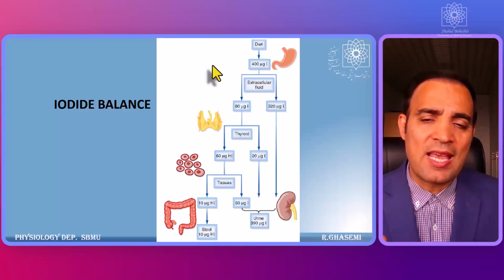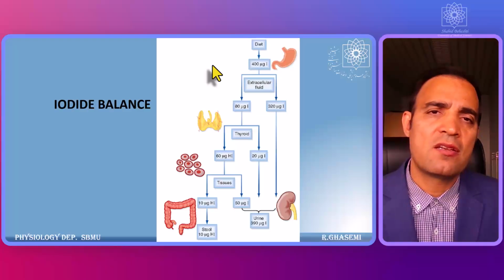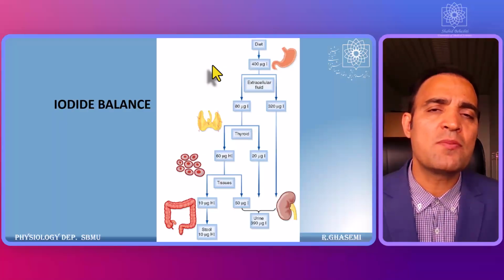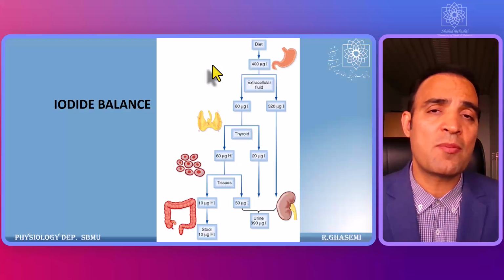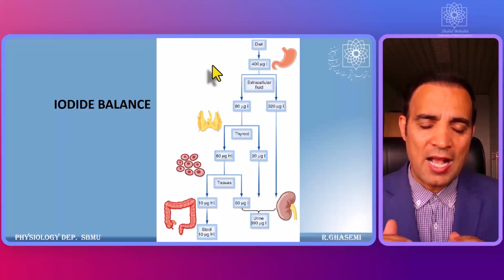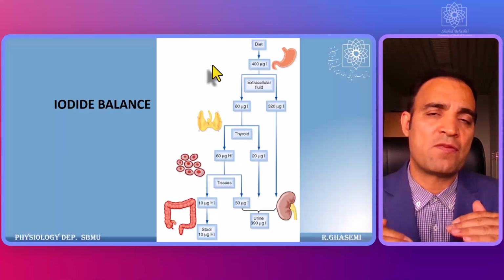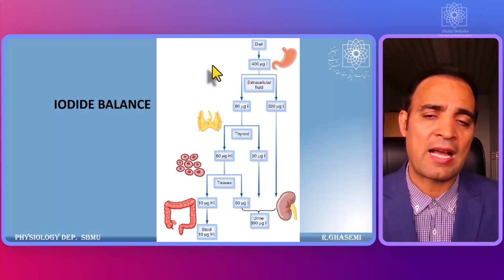Therefore, as you can see, every day we lose about 400 microgram of iodide and gain the same amount from our food. This is the balance that we have between our food intake and excretion.